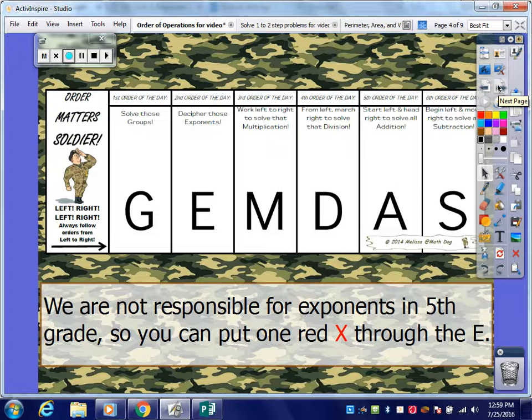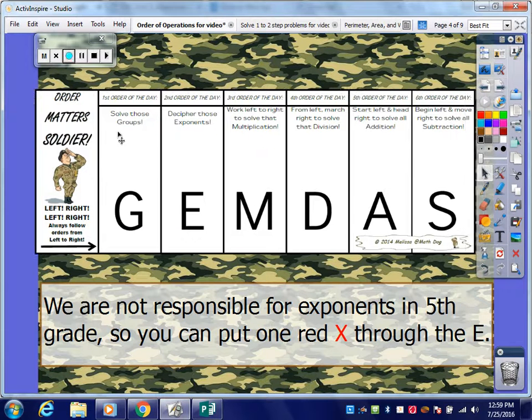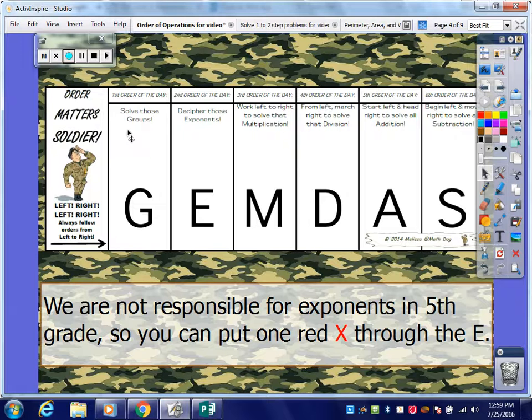So GEMDAS. Earlier, we did not have a taker to guess what GEMDAS might mean. So the G stands for groups. Groups might mean brackets, so brackets or parentheses.